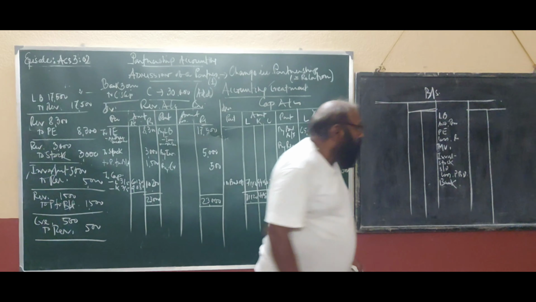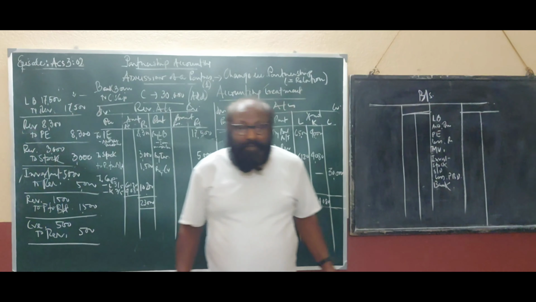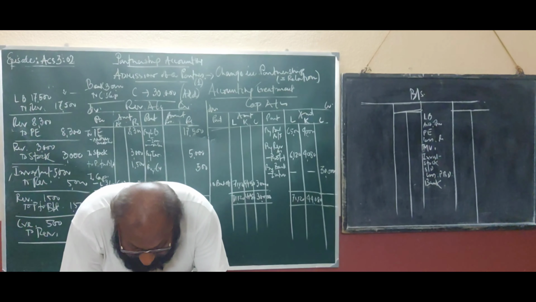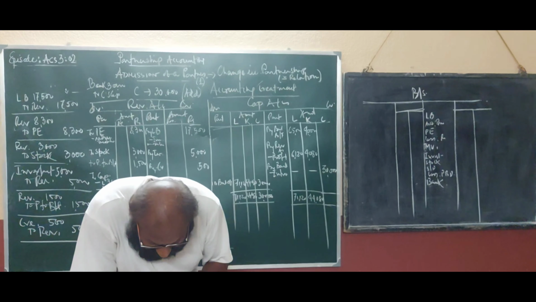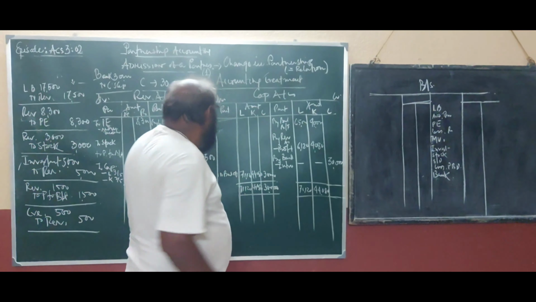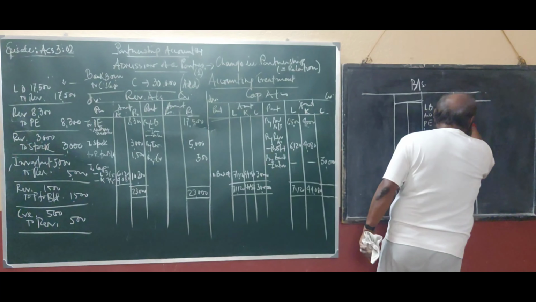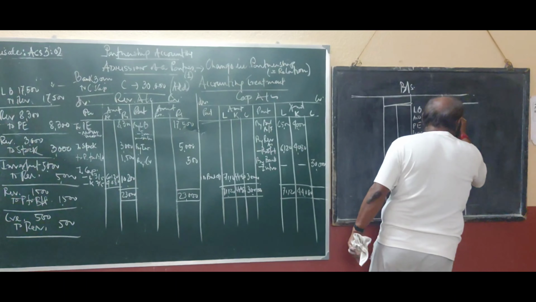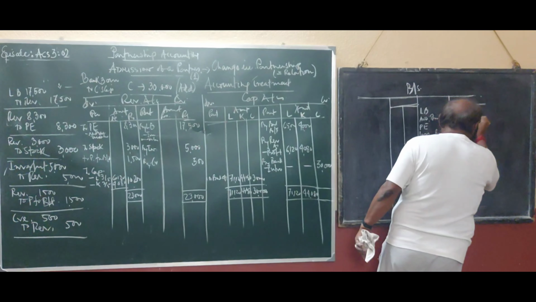So what is the balance of land and building? Land and building हम लोगों को कितना था? 42,500 था. हम लोगों को होगा कितना? अभी 17,500 बड़े हैं. So it was 42,500 and 17,500. So it is 60,000.